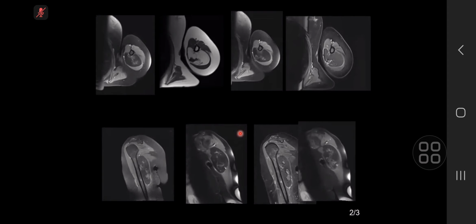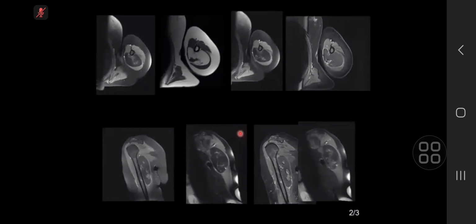Okay, so on the MR, we've got axial T1 and STIR, and coronal, we've got another STIR. So there's a well-circumscribed lesion, which is high in signal intensity on T1 and low on the inversion recovery sequences.